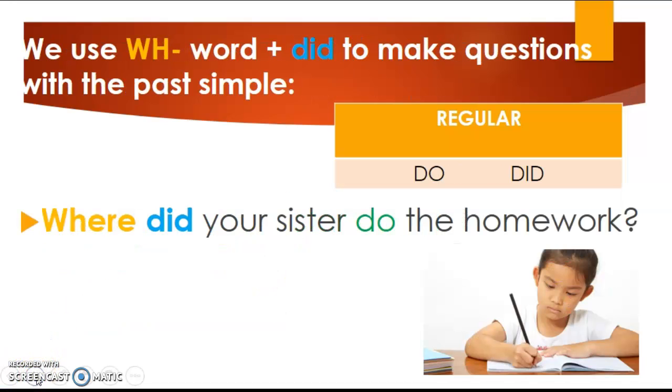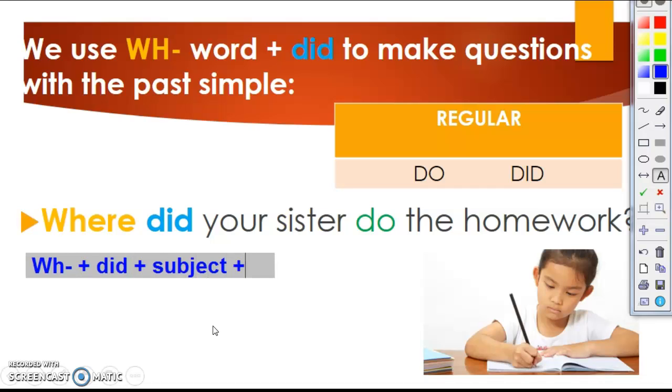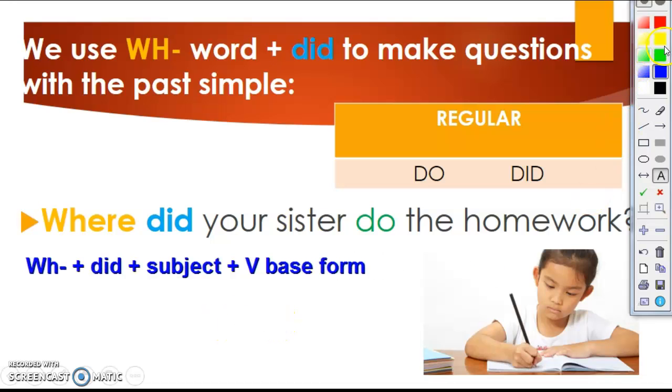Let's continue. We have another information question. Let's remember one more time the structure: WH word plus did plus subject plus the verb in the base form. Let's see, we have the elements.